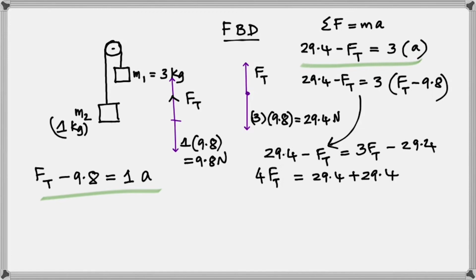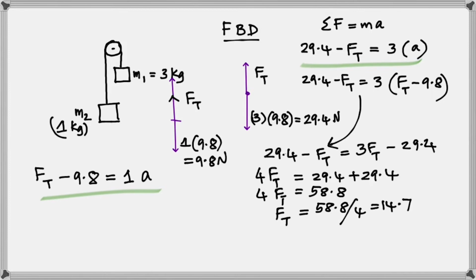Be careful with the algebra. How much is that? 58.8? So 4 Ft is 58.8. So Ft is 58.8 divided by 4, which is what? 14.7, is it? Yes, 14.7.